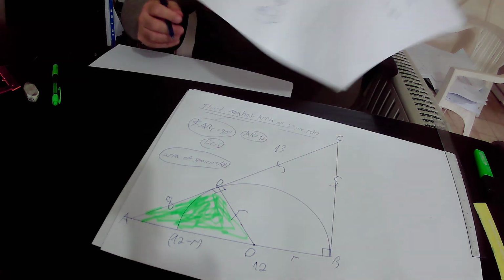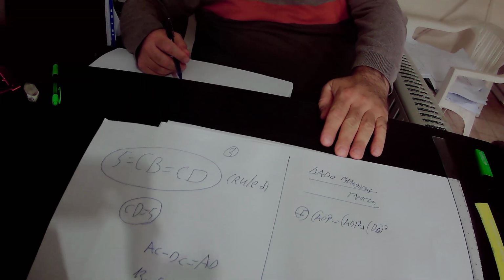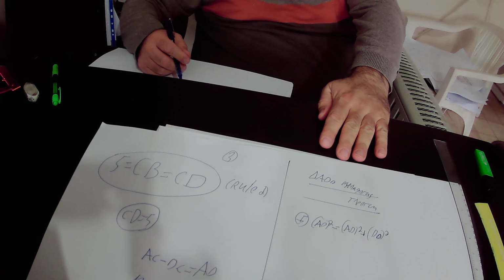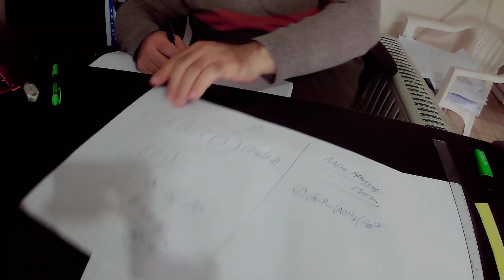I'll repeat again. In the green right triangle ADO, according to the Pythagoras theorem, AO square equals AD square plus DO square.